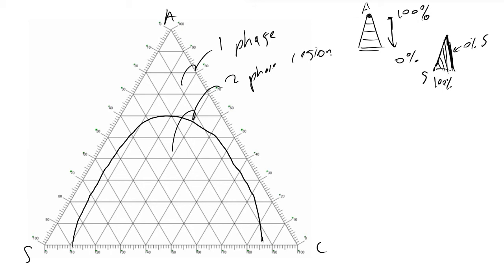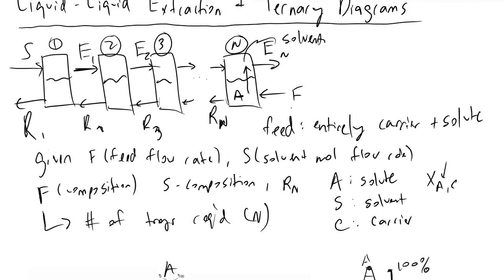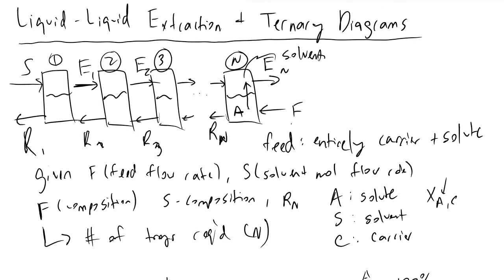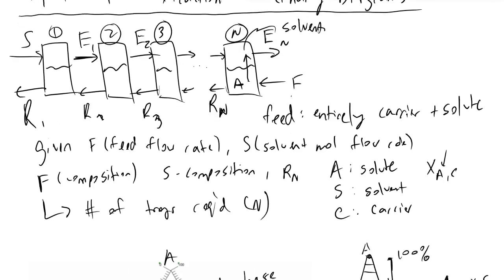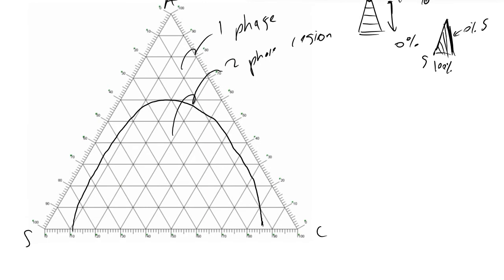And what this means is within the drawing that we have above, every point inside of each one of our contact units that make up our total liquid-liquid extraction unit will exist somewhere within this two-phase region. And within this two-phase region, our system will have two phases, and each of those phases will have different compositions.